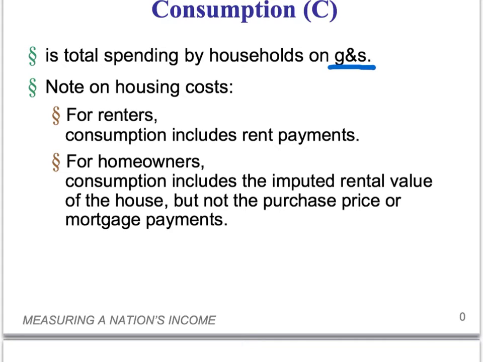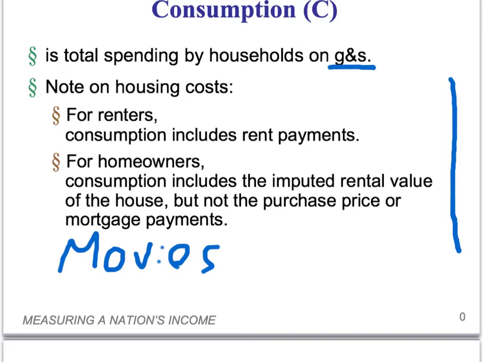They mention here a couple things about housing costs that I'll give you a few seconds to read here, but I don't want to spend a lot of time on that. I want to just get the basics. Pretty much it's everything you consume that is gone. Things like movies are a service you consume.